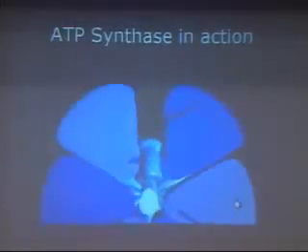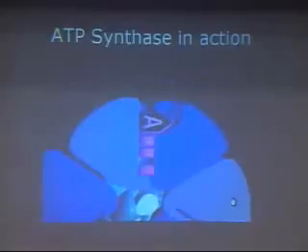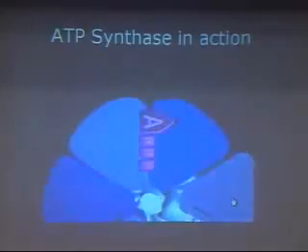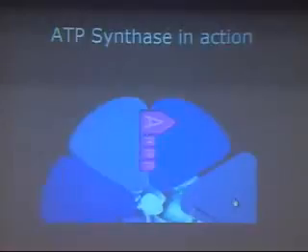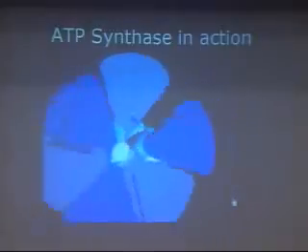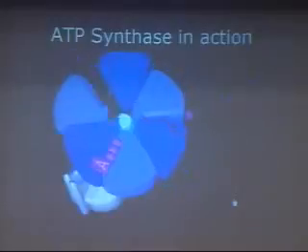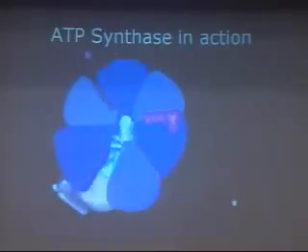And if we look at the top, you can see a representation of what happens. There's the ADP and a phosphate. They come together, they bind inside the receptor, and then as the motor turns, they are released by the receptor. This is an electromechanical system embodied in a piece of biological mechanism.